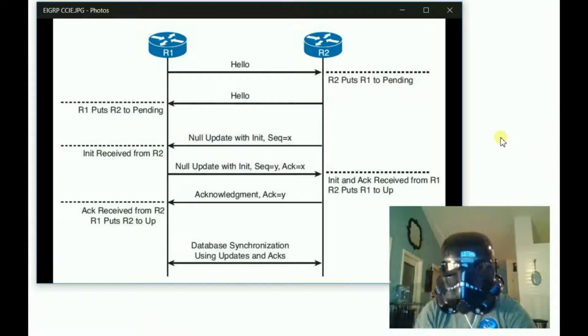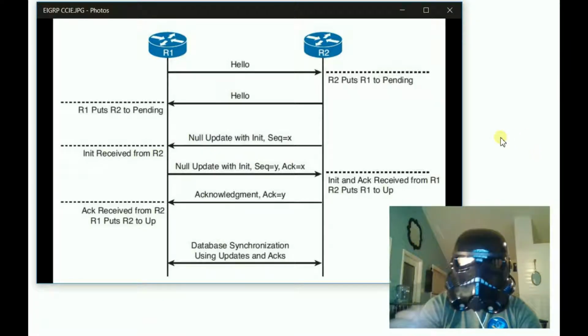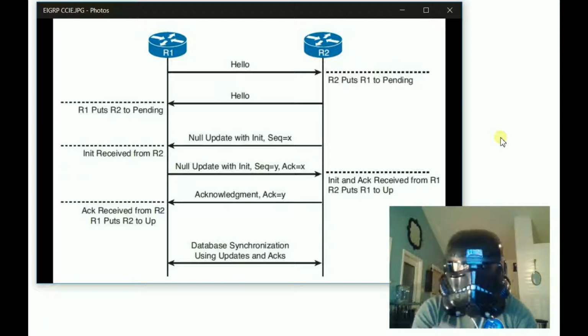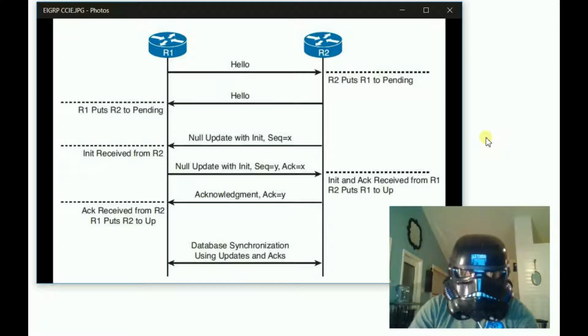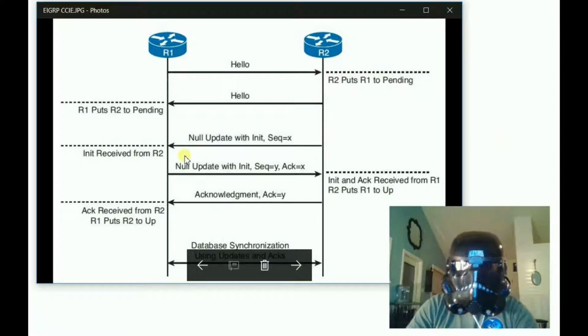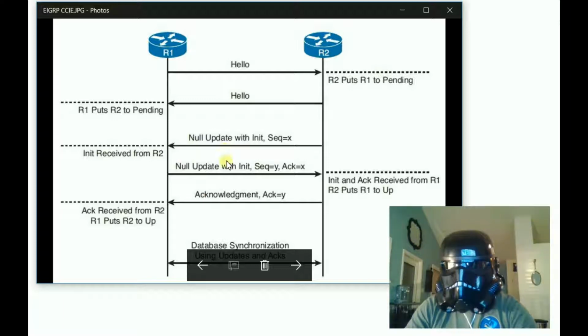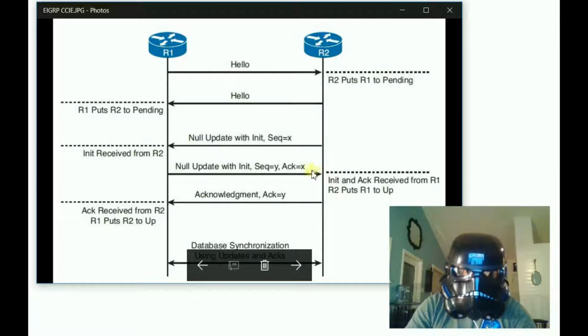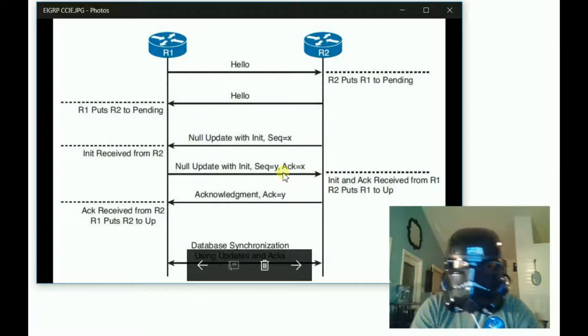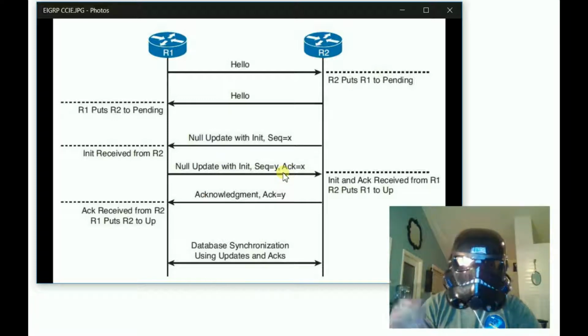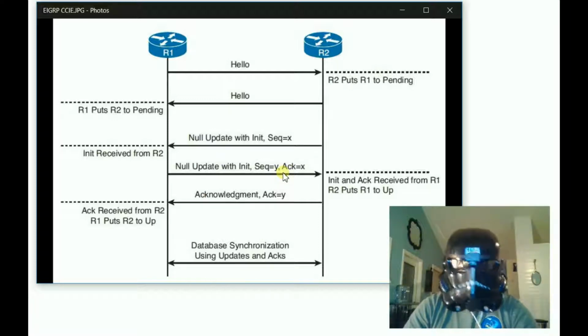That extra step is, once I start sending and receiving hellos and I know that we're going to have a neighbor relationship, before I actually give you my database, I'm going to send you an empty update with a sequence number. And then you are going to acknowledge that sequence number, and then you give me an empty update, and I need to acknowledge it. And I was like, whoa, where did this come from? I've never seen this before.